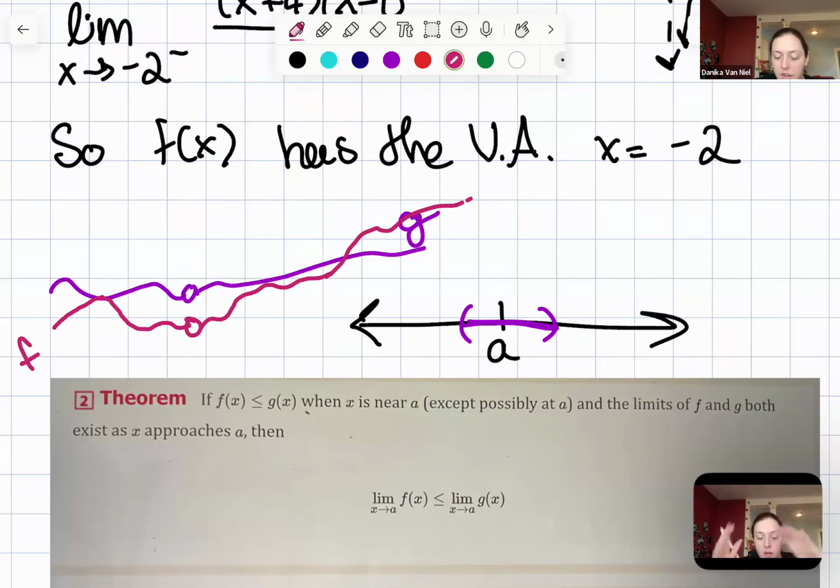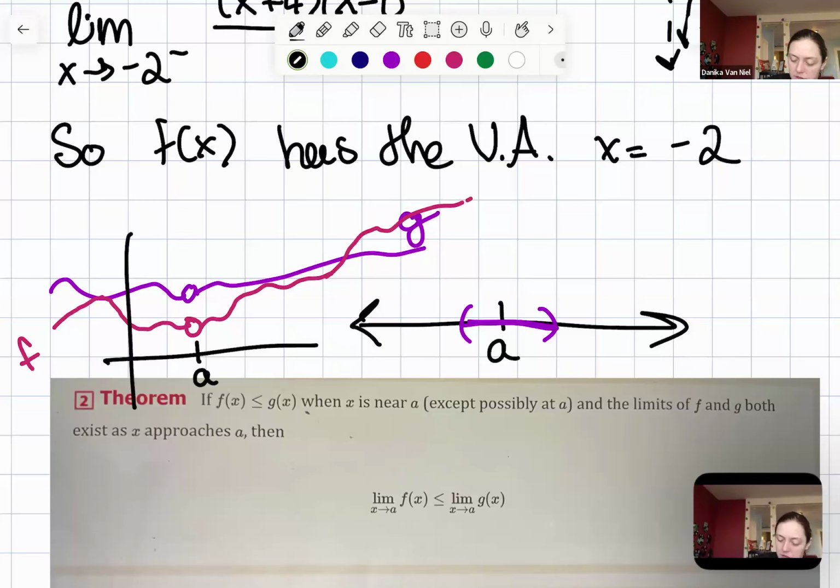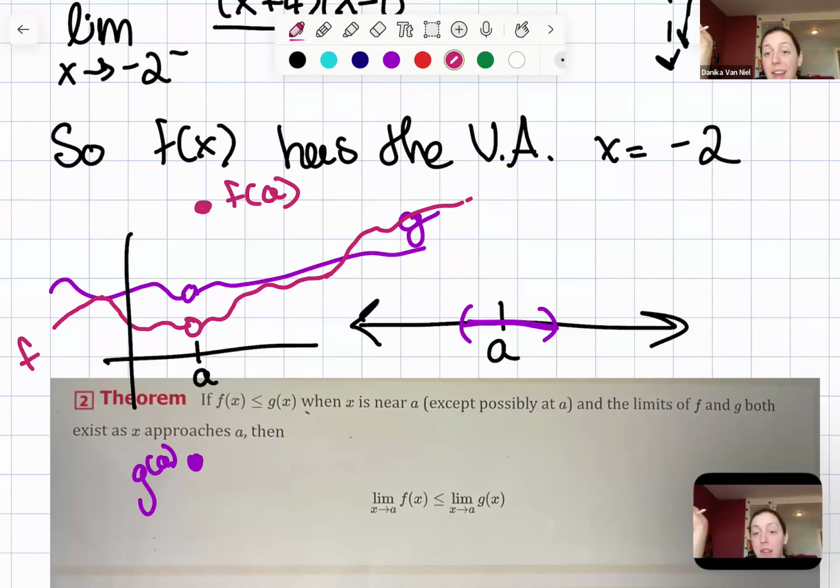But around a, so here's x equals a, maybe a is not even in their domain, or maybe g of a is way down here and f of a is way up here or something. Maybe something weird happens, but those jump discontinuities don't do anything to my limit.